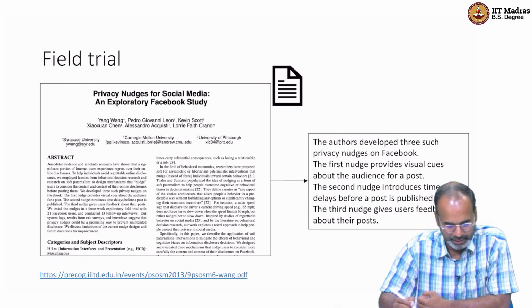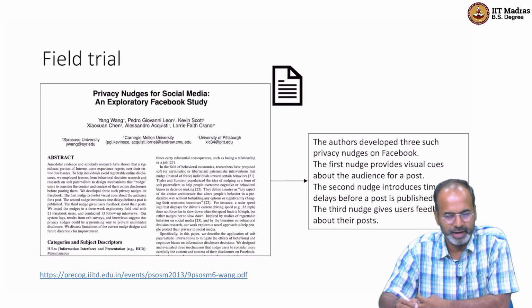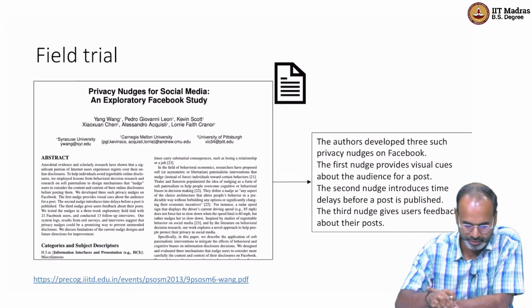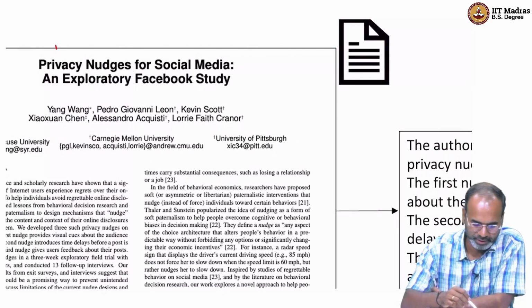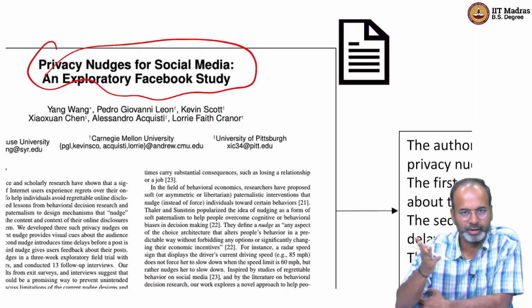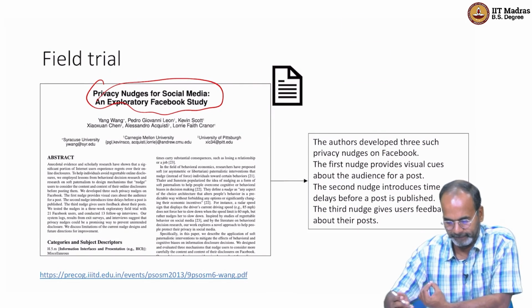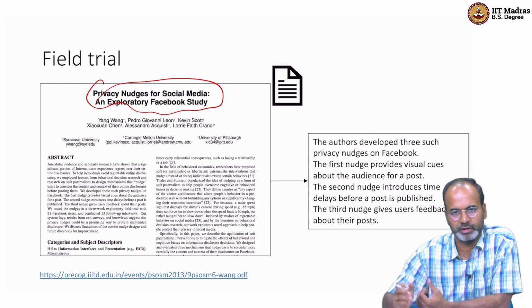Field trial. You may remember the study. We have actually covered the study in the past, but just to recollect the memory, this is on privacy nudges. If you remember, we had like 3 nudges. So the goal for the study is to find which of the 3 nudges are effective.